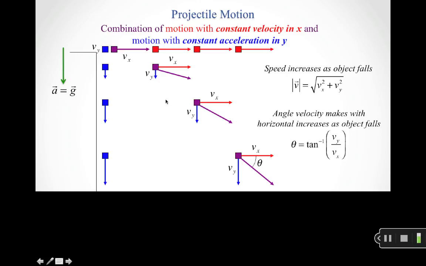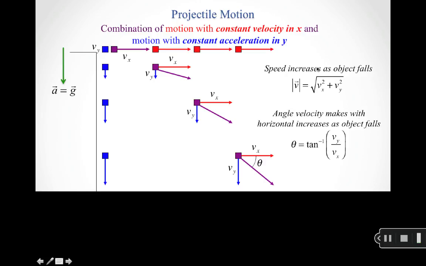The other thing, when I throw my object horizontally, notice that there's an angle that the velocity vector makes with the horizontal. Here, that angle wasn't very big. Here, it gets bigger. Here, it's bigger still. So because the y component of my velocity increases as the object falls, the direction of the velocity makes a larger and larger angle with the horizontal as my object continues to fall down.